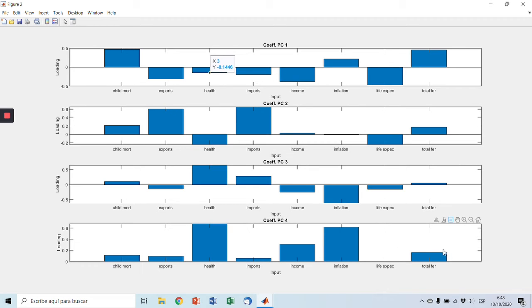And then principal component 4 is a kind of weighted average, so all of the weights are positive, well, one is almost 0, and so they are weighted averages where the most important variables are health and inflation and income.